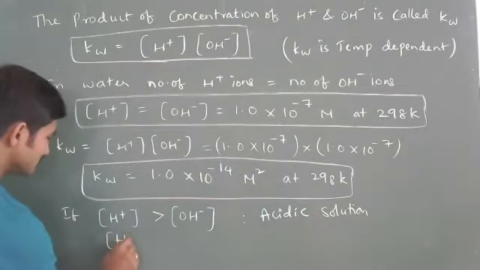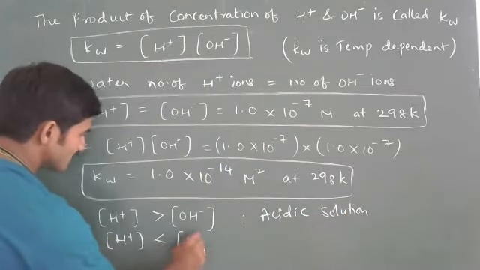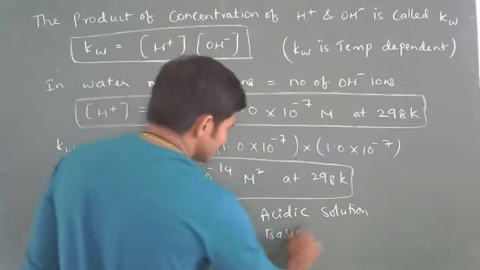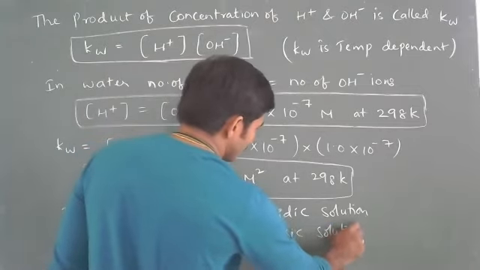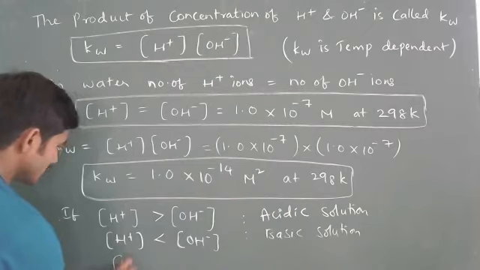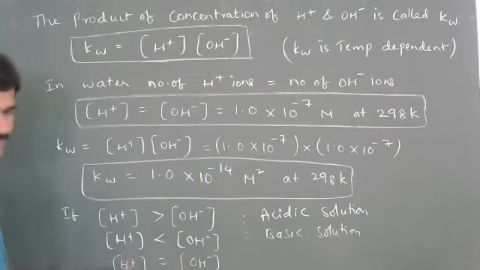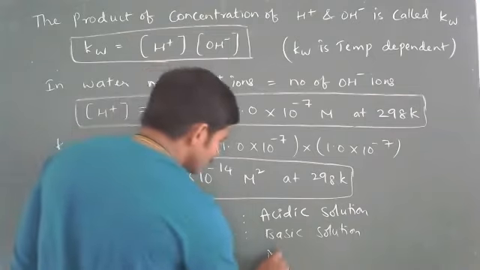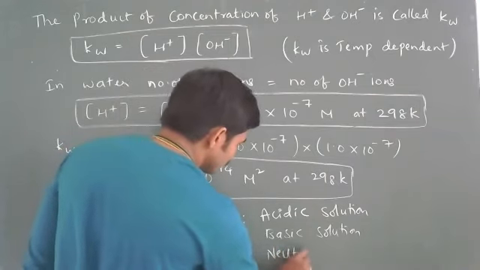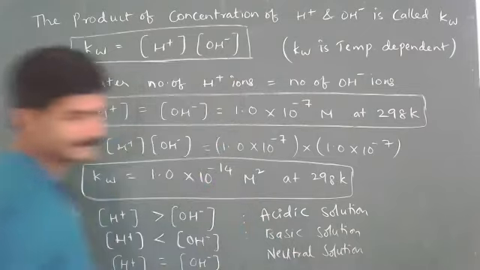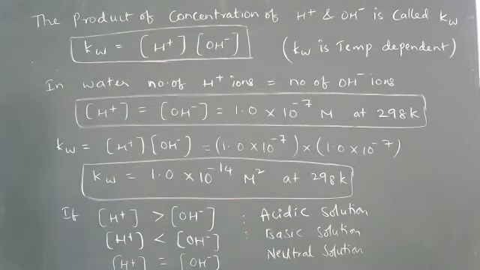If H plus concentration is less than OH minus ion concentration, then it is a basic solution. If both are equal, that is said to be a neutral solution.